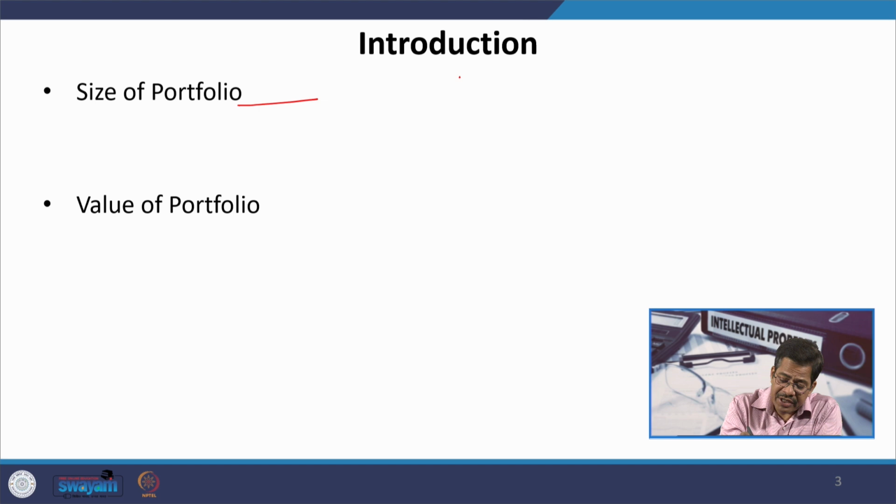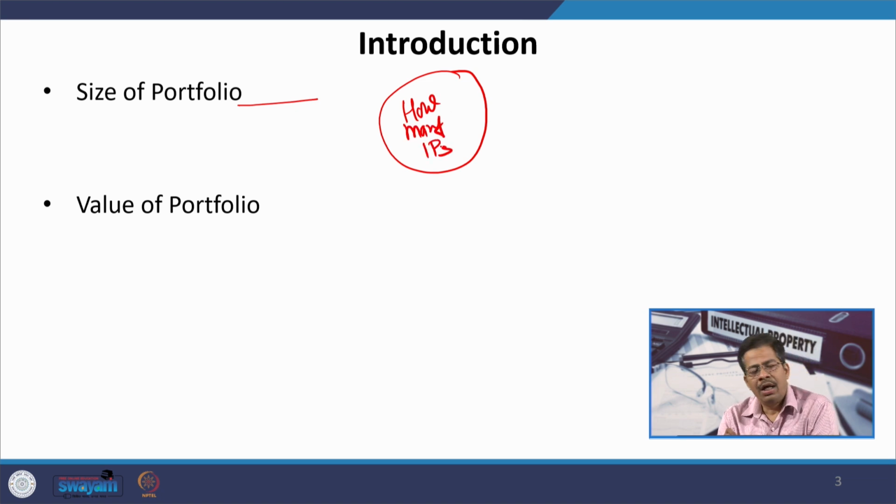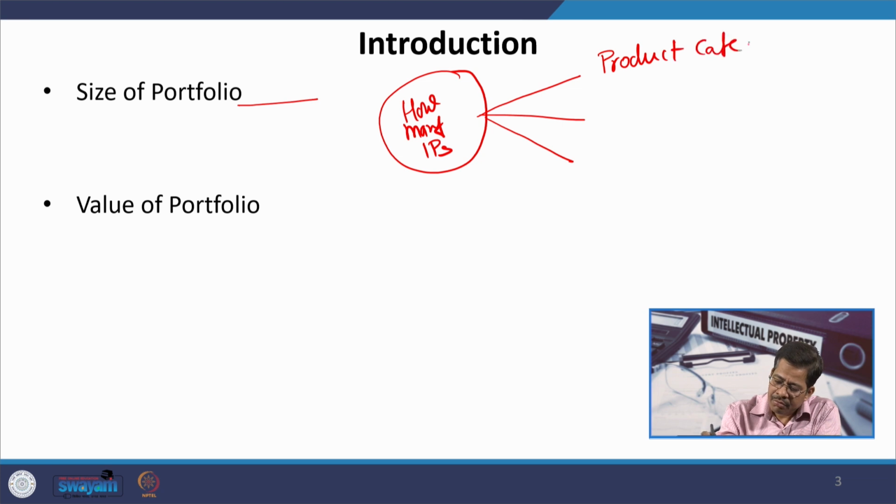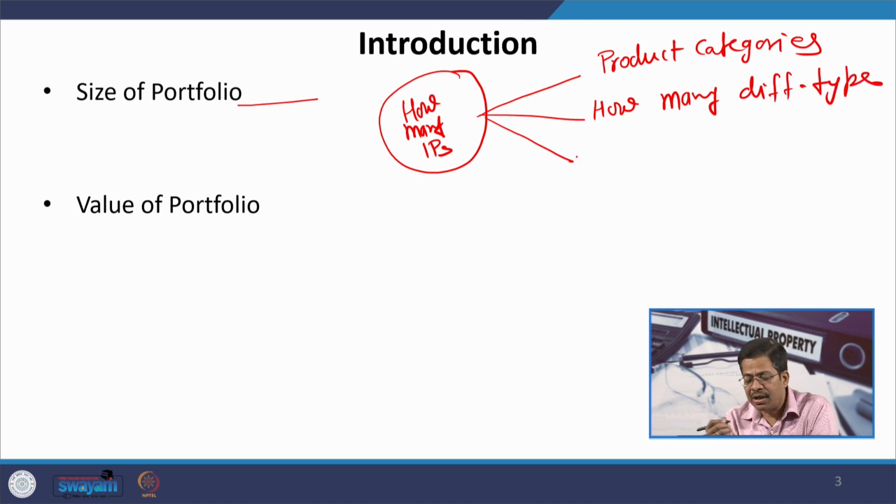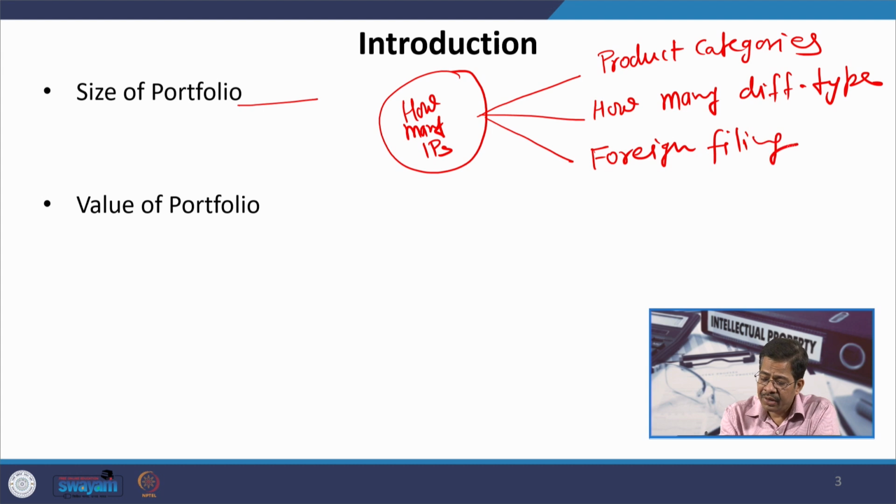One is the size of the portfolio, how many IPs you have, and when I say how many IPs, it can be seen on different bases. Bases means how many product categories in which you have IP, how many different types of IP, then in how many foreign countries you have IP, and then the simplest meaning is number.